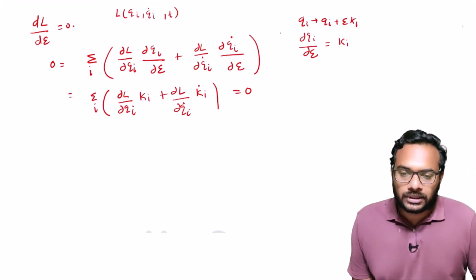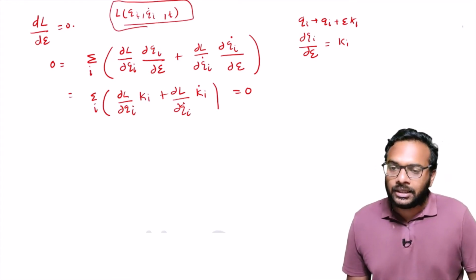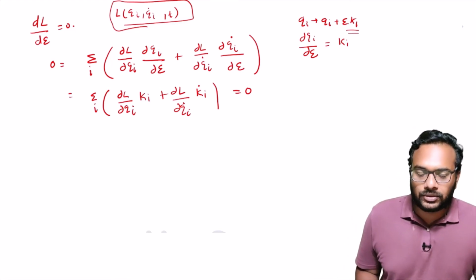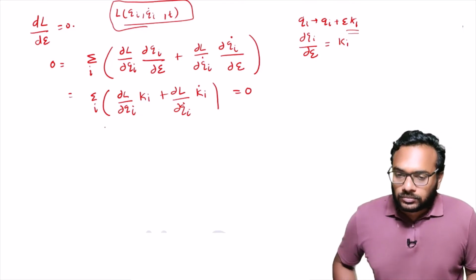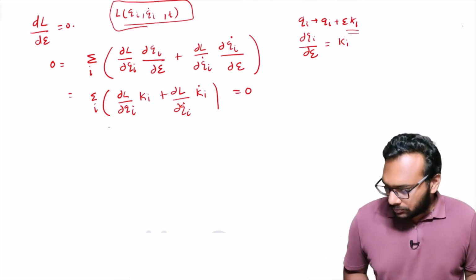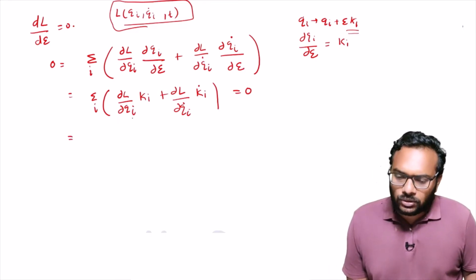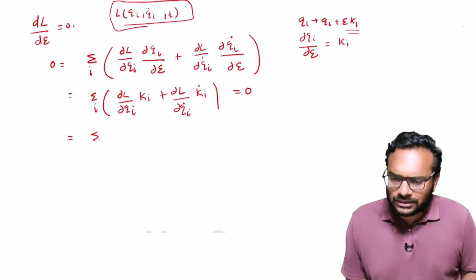So this is actually the transformed Lagrangian we are talking about, the Lagrangian with the coordinates transformed by this factor. Now what do we do? We can write this as ∂L/∂qi ki plus ∂L/∂qi dot ki dot, summation over i.